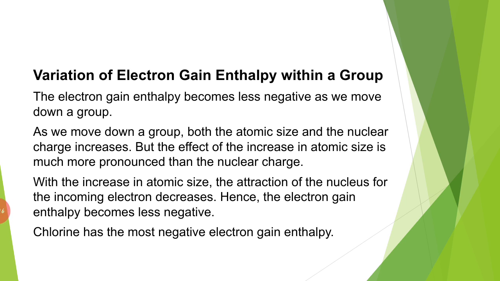Variation of electron gain enthalpy with a group. The electron gain enthalpy becomes less negative as we move down a group.